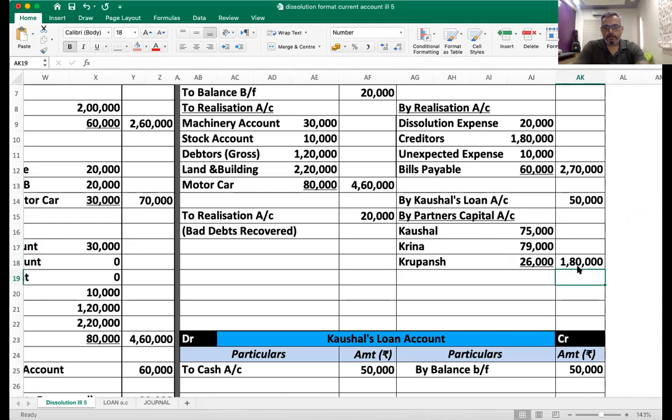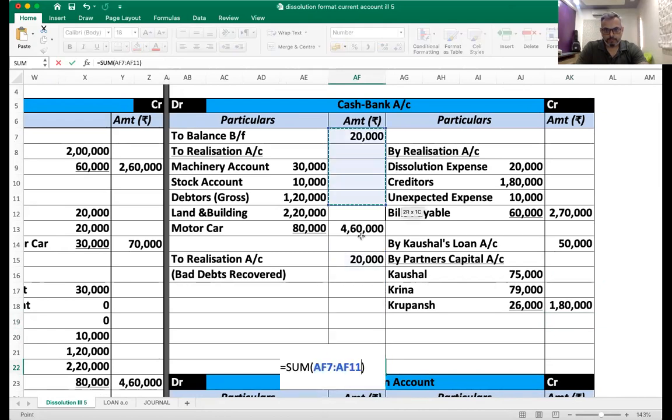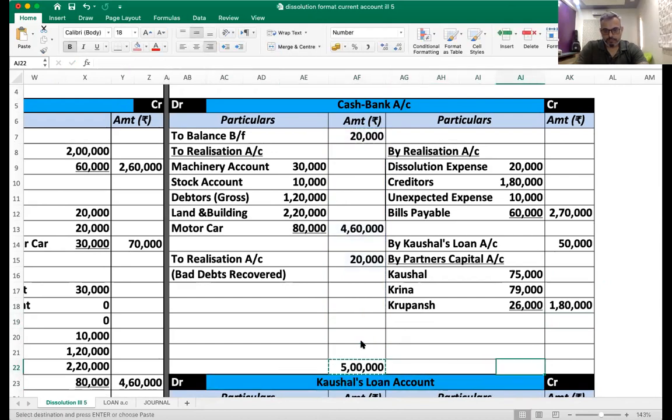Now you can see everything is closed except cash. Now our cash account should tally. So let's check whether it is tallying or not. Five lakh.